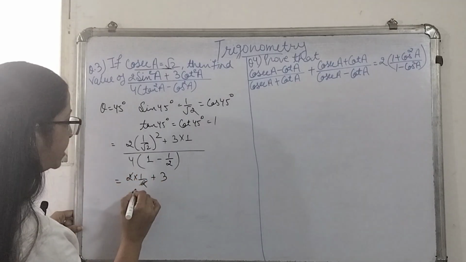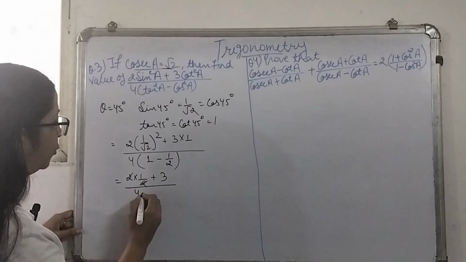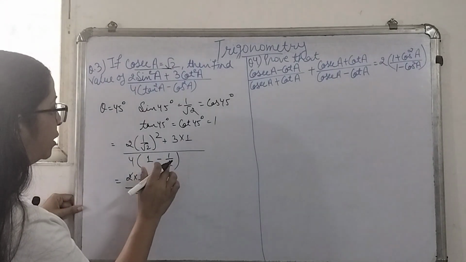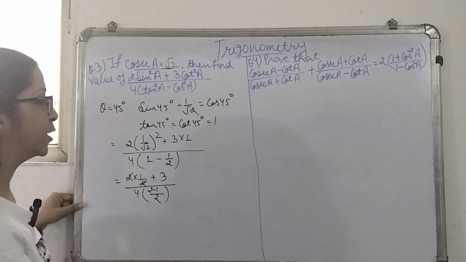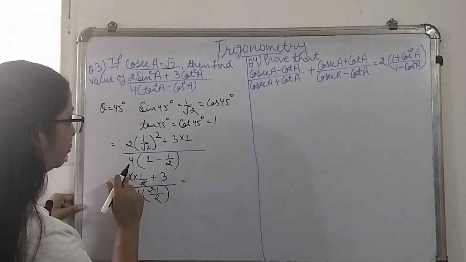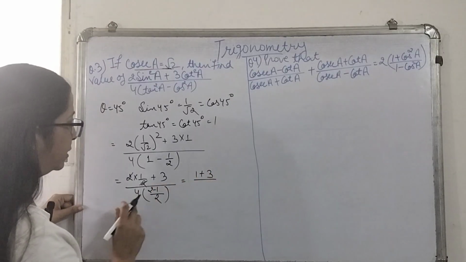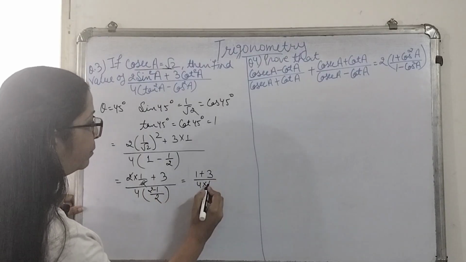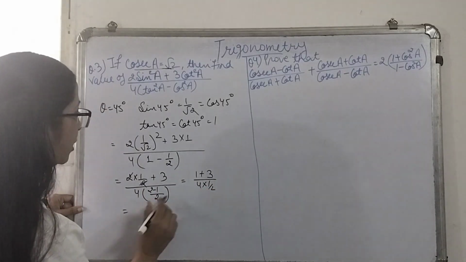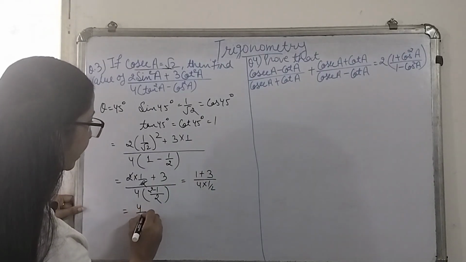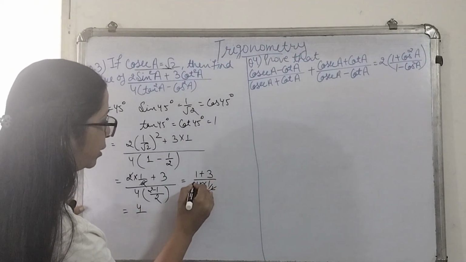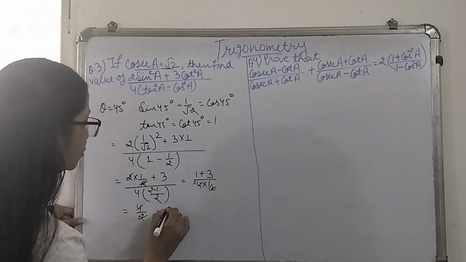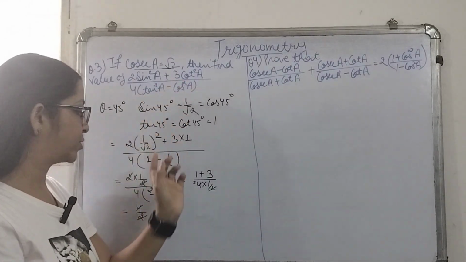In the denominator it will be 4 multiplied by, taking LCM, 2 minus 1 over 2. So the numerator is 1 plus 3, and the denominator is 4 multiplied by 1 upon 2. So 3 plus 1 becomes 4, divided by 4 times 1 upon 2, which is 2. So the value of this expression is 2.